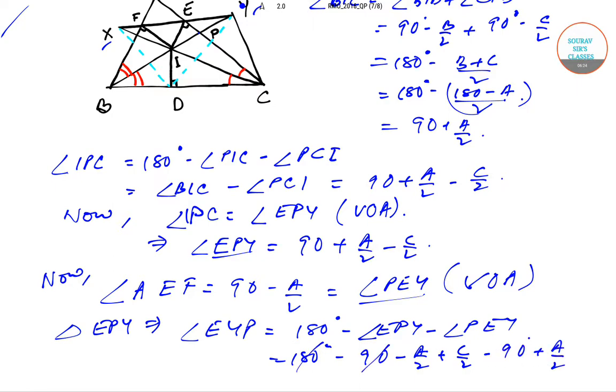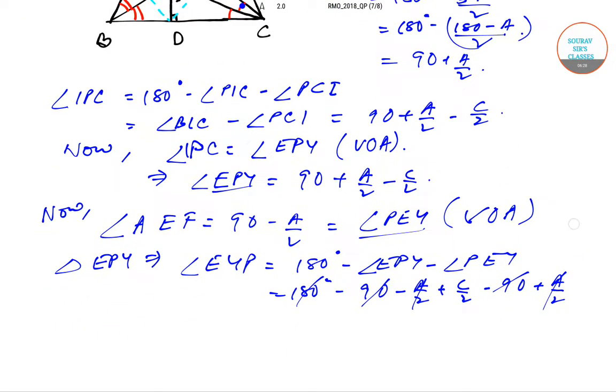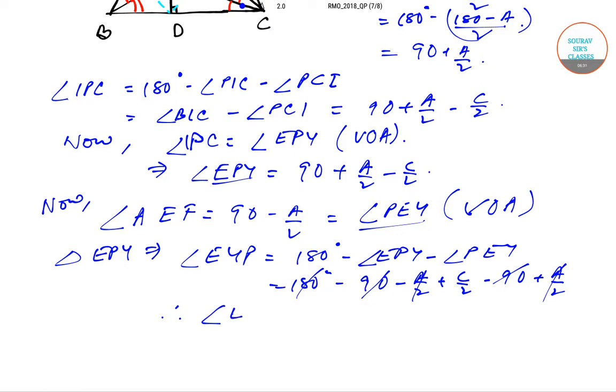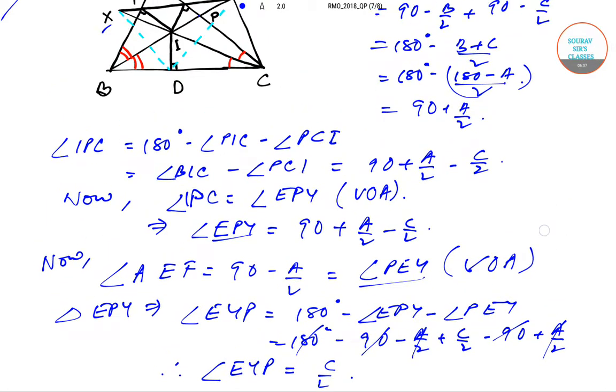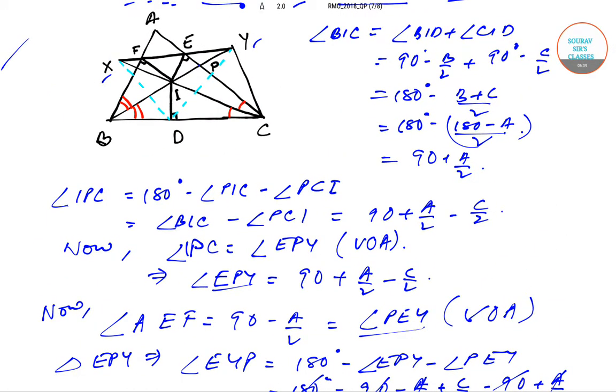So 180 cancels out, minus A by 2 plus A by 2 cancels out, and we are ultimately left with angle EYP equal to C by 2. Now angle EYP is basically nothing but the angle BYX. So angle BYX is equal to C by 2, and angle BCX is also equal to C by 2.